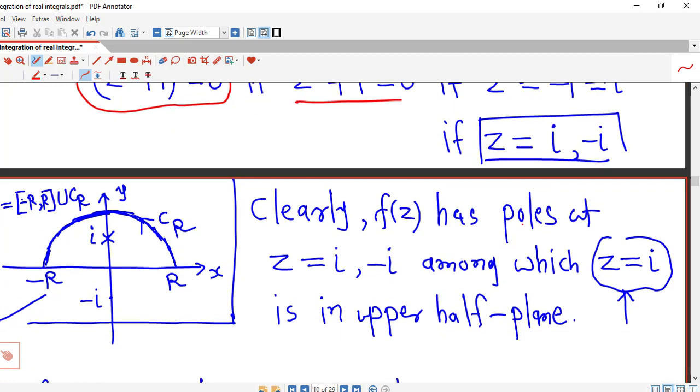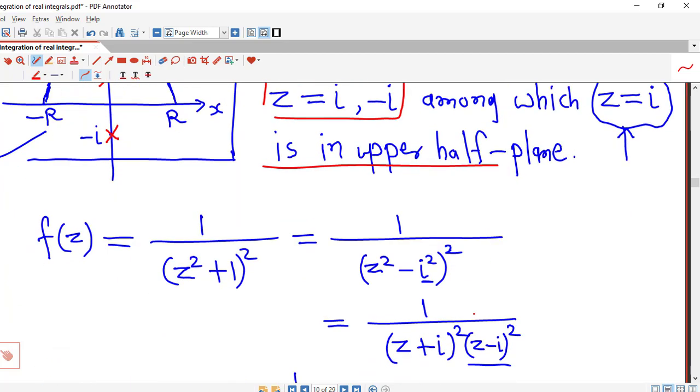So f(z) has poles at z equal to i and minus i, but we are interested in the poles in the upper half plane only. So z equal to minus i is in the lower half plane, so we will not consider it. We will consider z equal to i only.